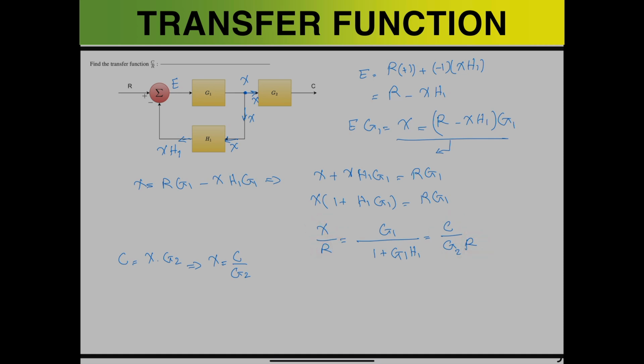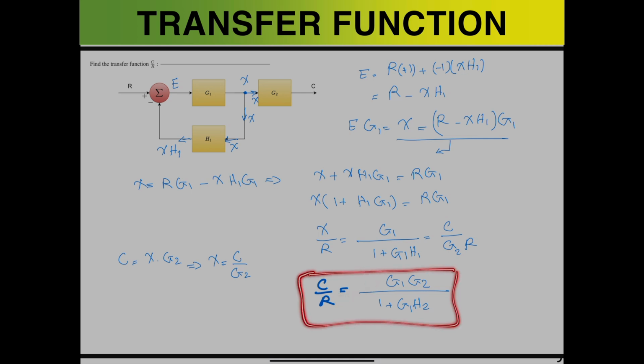Now, the whole question is asking, find C over R. In this case, C is going to be multiplied by 1 plus G1 H1, and R is going to be multiplied by both G2 and G1. So G1, G2 are going to be multiplied by R. This result is going to be the final answer of this question.